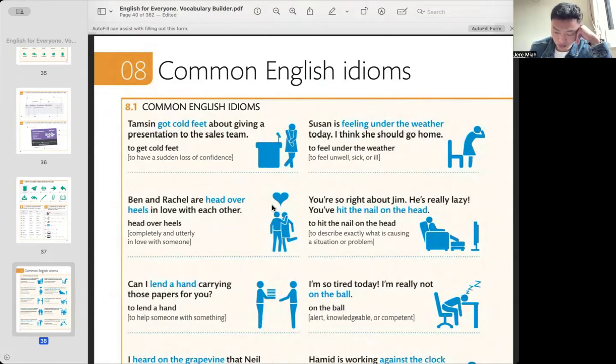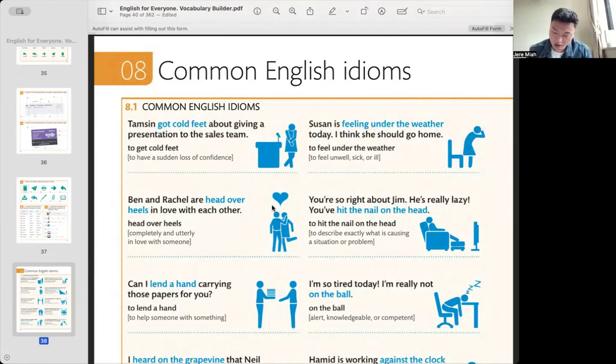Head over heels, H-E-A-D, over, heels. Okay, so Ben and Rachel are head over heels. Okay, so I really wish I could be head over heels with someone. Can I say that? Absolutely. I really wish I could be head over heels with someone is a great way to express that.